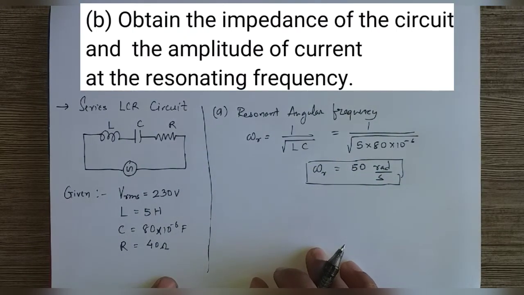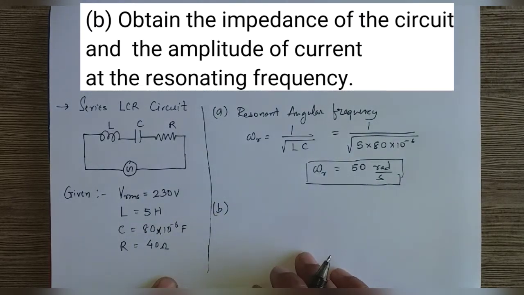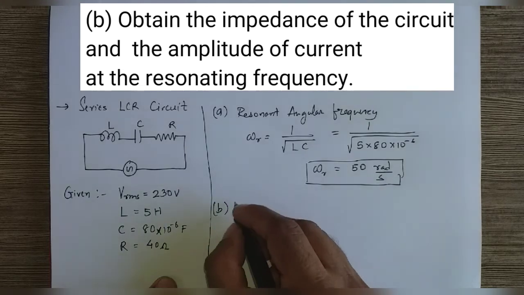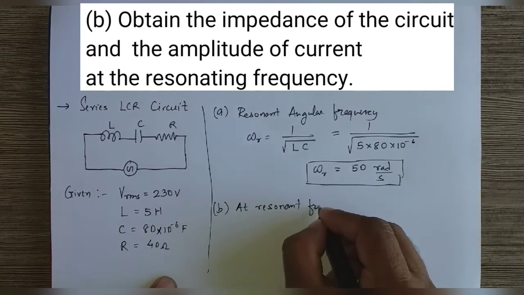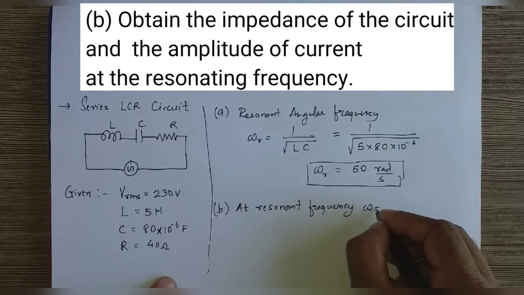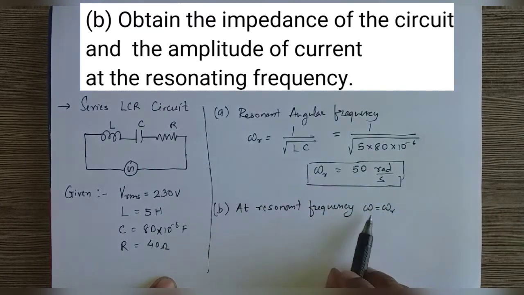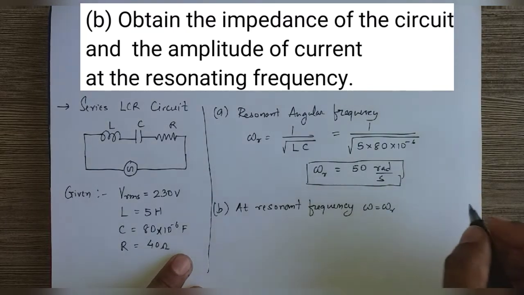Now in B, obtain the impedance of the circuit and the amplitude of the current at the resonant frequency. At resonant frequency, the angular frequency is equal to the natural or resonant frequency.